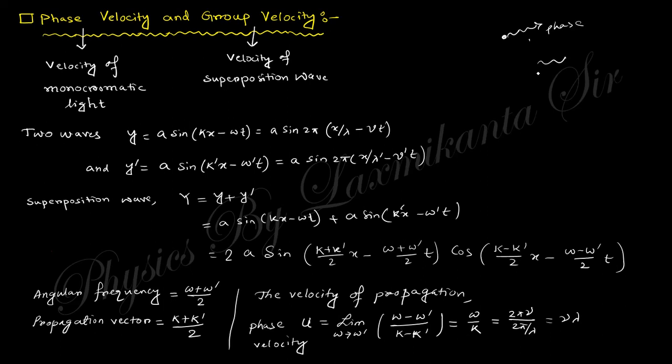When more waves are superposed, you get the group velocity. Simple. So group velocity is for the superposition of waves, and phase velocity is the velocity of a single wave.